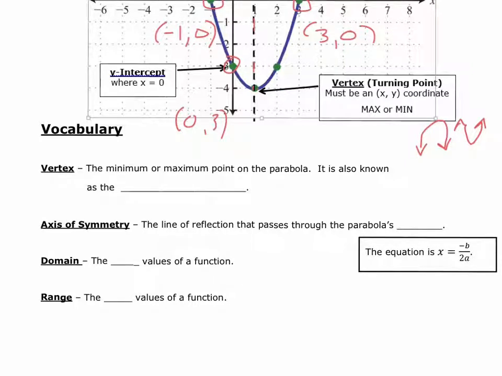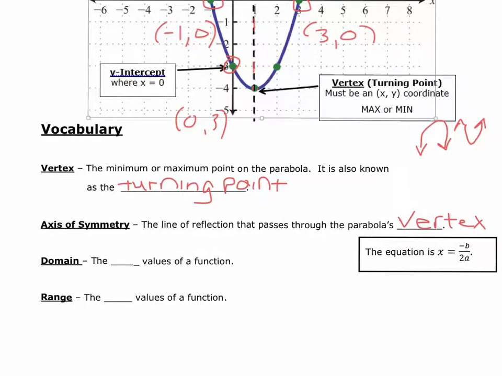Okay? So our vertex, the minimum or maximum point on a parabola, is also known as the turning point. Our axis of symmetry is the line of reflection that passes through the parabola's vertex. So we kind of see that right there above.